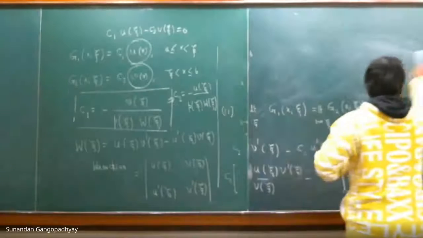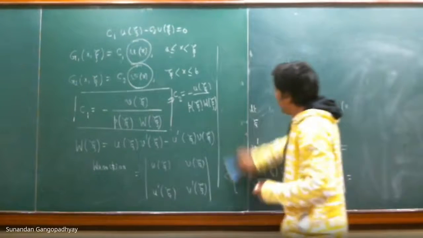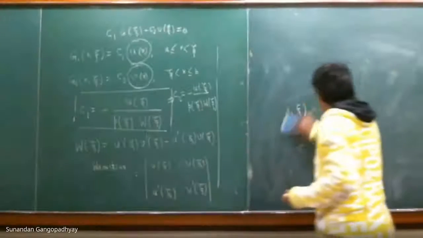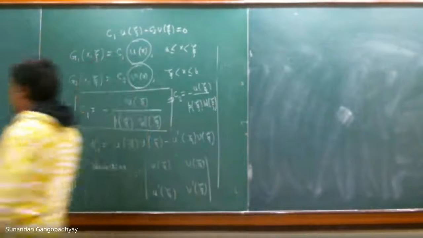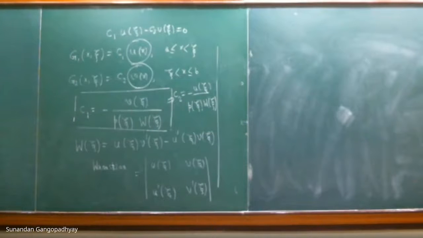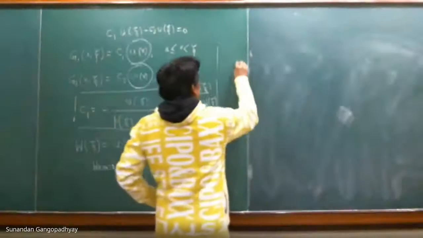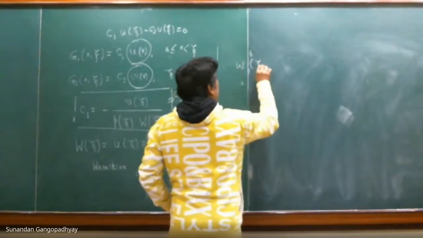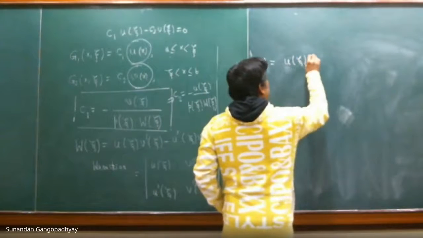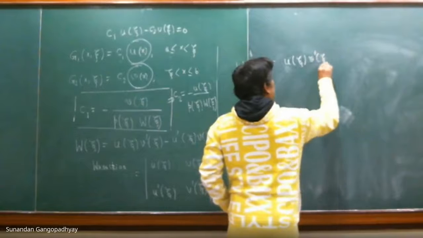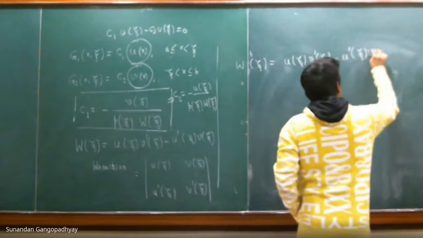Now let us move a little bit further. Let us write down what this is. So we have seen that this W of xi is basically nothing but U of xi V prime xi minus U prime xi V of xi.